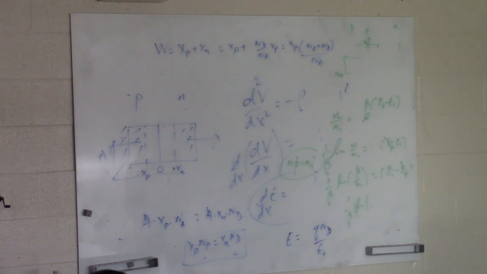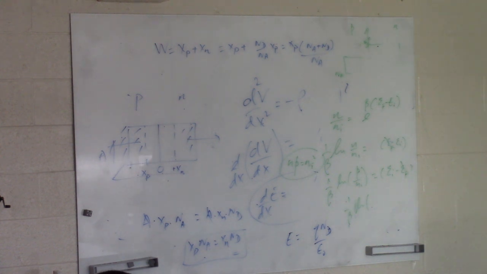So you have one phenomenon: majority electrons will diffuse to this side, and in the same way the majority holes will also diffuse to this side. But at the same time, there are minority carriers. What are the minority carriers for N-type material? Holes, right? Those will respond to the built-in potential.